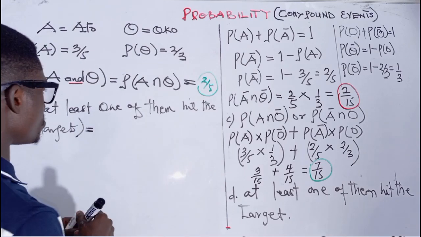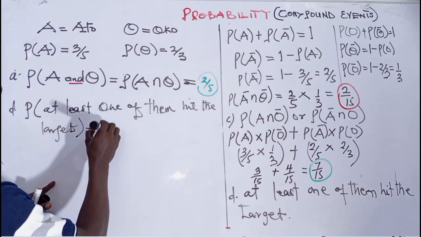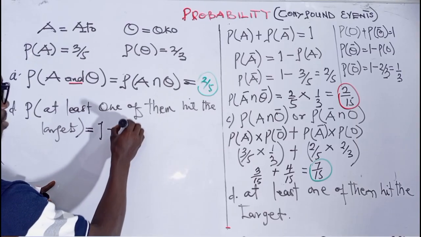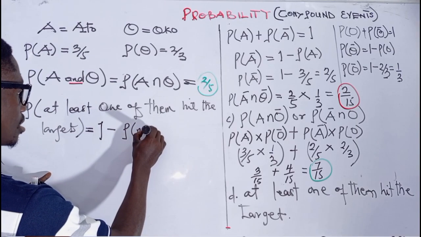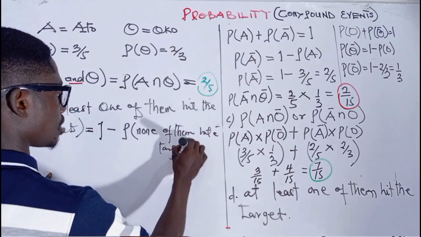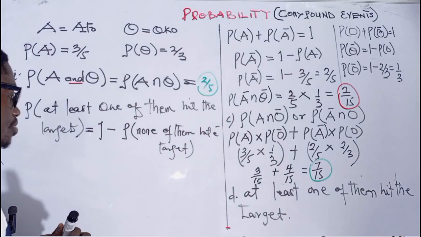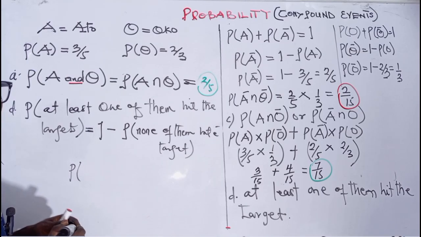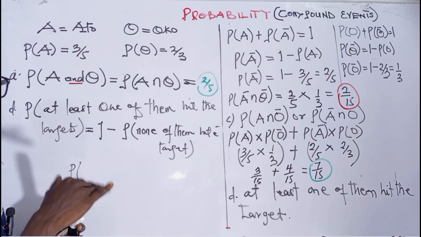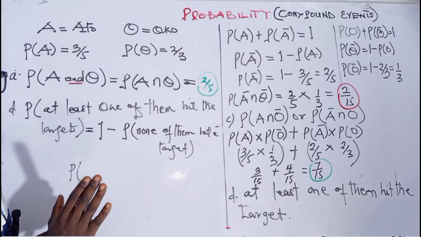So let's use the complementary rule. With that, we are going to have 1 minus the probability that none of them hit the target. With the complementary rule, we said that the probability of an event occurring plus the probability of that event not occurring should give us 1.